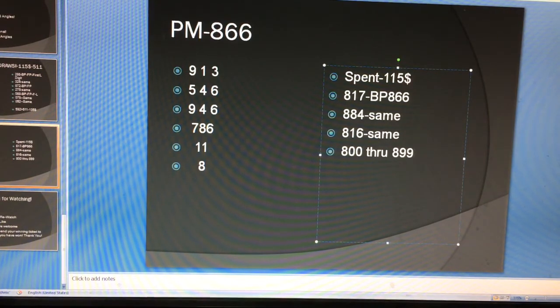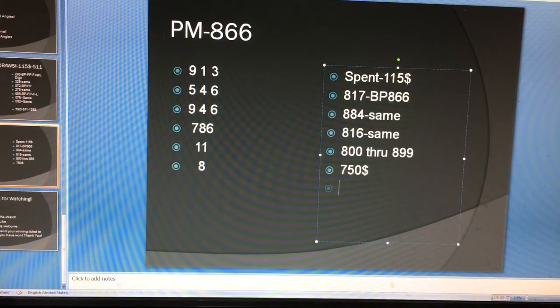So that means they covered the 866 on each of these angles, and you have hit 750 for the back pair. So your net profit is $635.